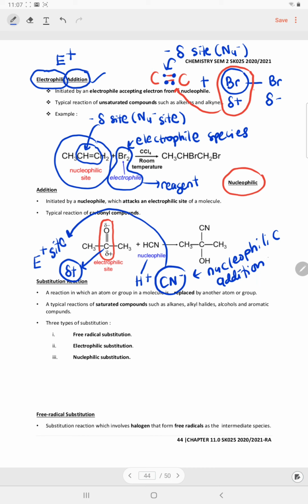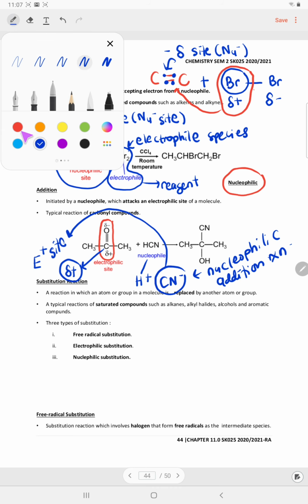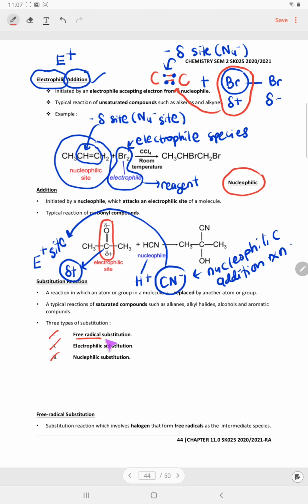addition reaction. Okay, next. If the process involved is substitution, we have three parts: free radical, electrophilic, or nucleophilic substitution reaction. So this spelling is incorrect, it must be nucleophilic substitution reaction.